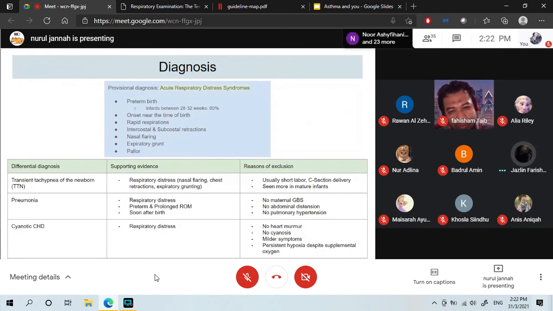For cyanotic congenital heart disease, the supporting evidence is again respiratory distress, but there is no heart murmur heard, no cyanosis. The symptoms are usually milder, and the patient will have persistent hypoxia even though we give supplemental oxygen.